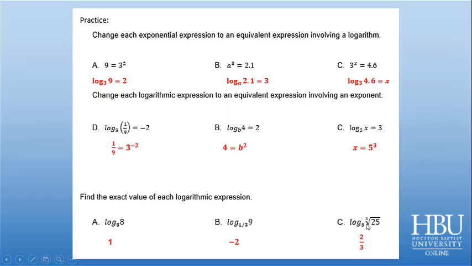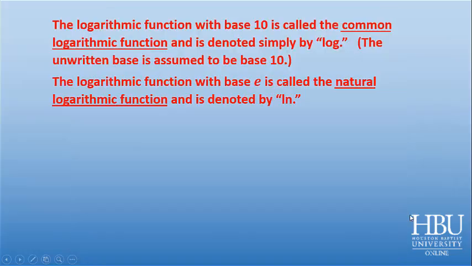The logarithm of the cube root of 25 to base 5 is 2/3. Why? Because 5 raised to the power 2/3 is defined to be the cube root of 5 squared, which is the cube root of 25.